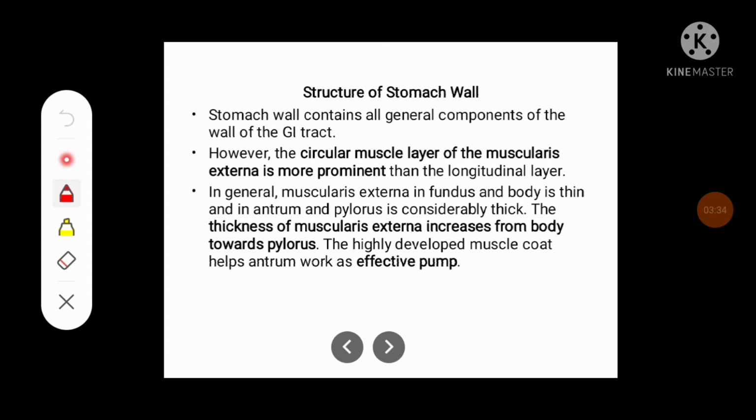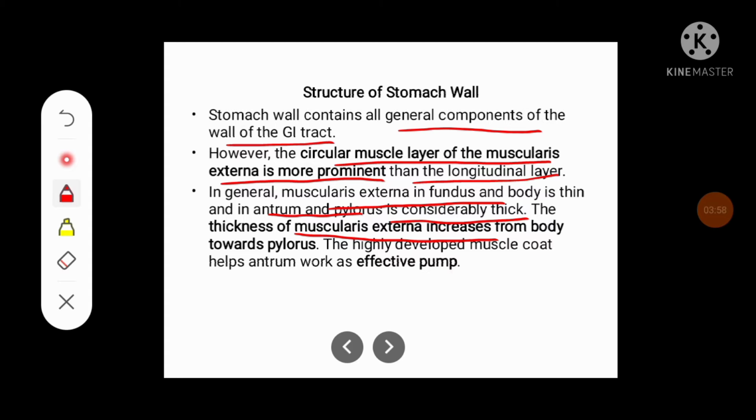See the structure of the stomach wall. All the general components of the wall are present. However, the circular muscle layer of the muscularis externa is more prominent than longitudinal layer. In general, muscularis externa in fundus and body is thin, and in antrum and pylorus is considerably thick. The thickness of the muscularis externa increases from body towards pylorus.